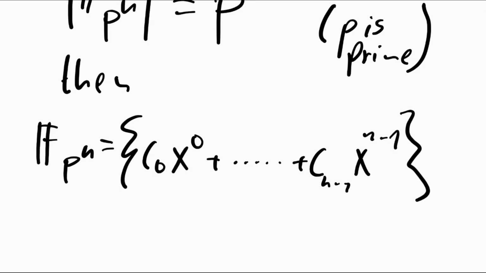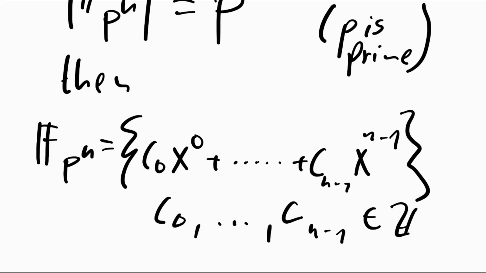And the field from which we take the coefficients, where c0 until c sub n minus 1 belong to, is Z of the prime number p. So that's the way it works with these polynomial elements of a finite field whose number of elements is a power of a prime.